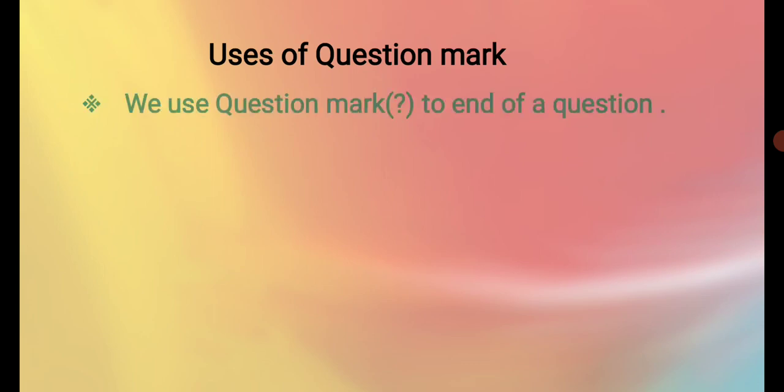Let's see the uses of the question mark. What are the uses of the question mark? First, we use a question mark to end a question. When we ask something to someone, after the sentence, instead of a full stop, we put a question mark.